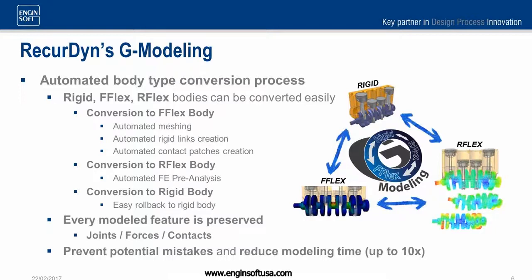Also, every feature previously created and applied to the body is preserved. This means lots of joints, forces, and contacts do not have to be redefined. This way, no possible mistake is introduced in the model, and of course a shorter modeling time is allowed.